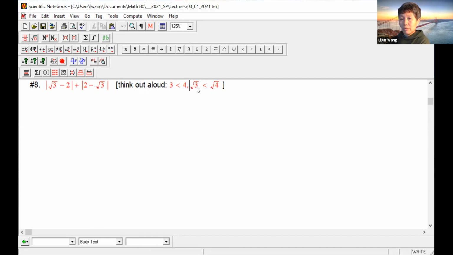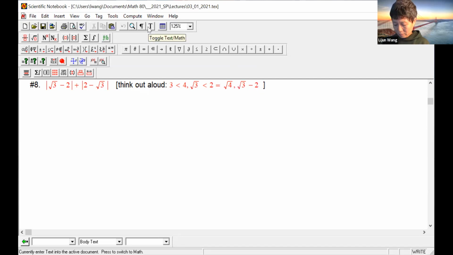The square root of 3 is less than the square root of 4. And square root of 4 is what? Is 2. Therefore, root 3 is less than 2, yeah? If root 3 is less than 2, then root 3 minus 2 will be negative, isn't it?